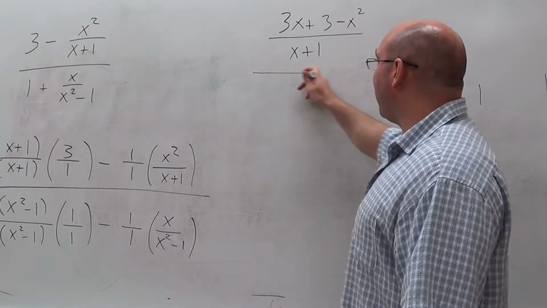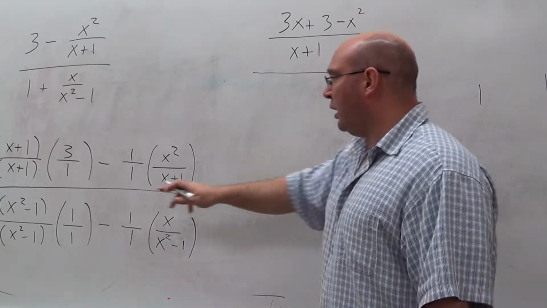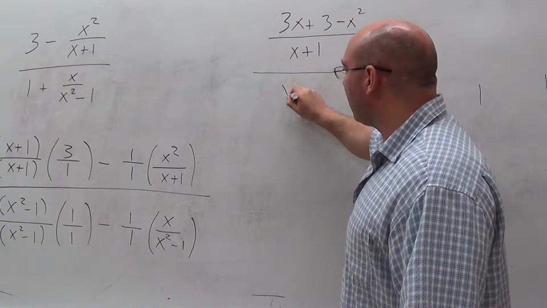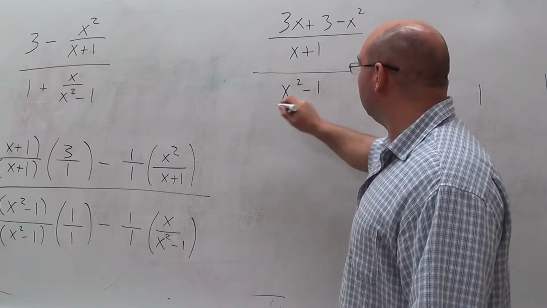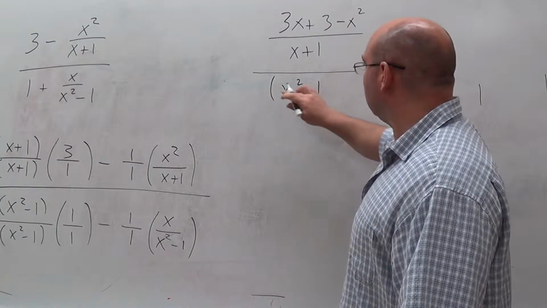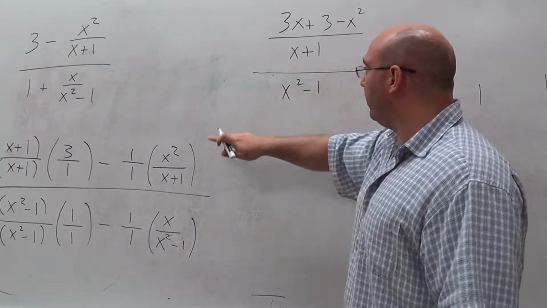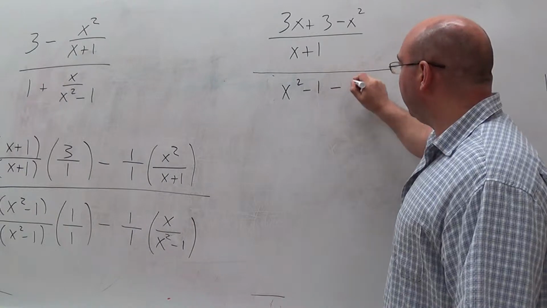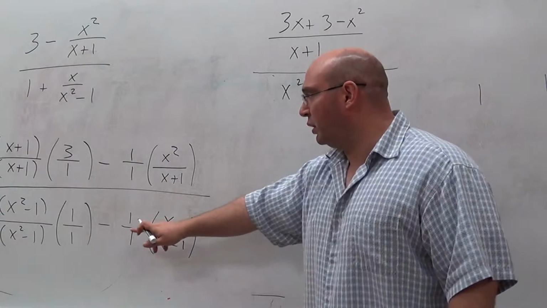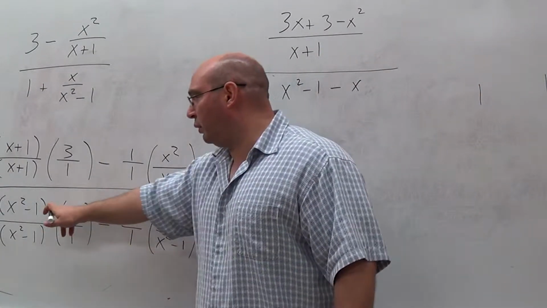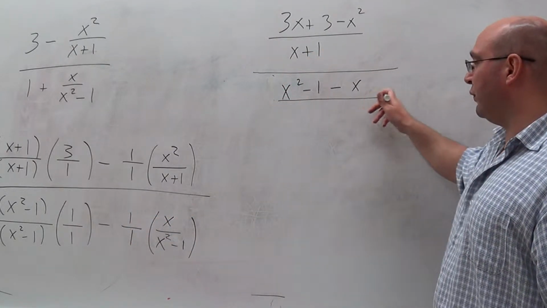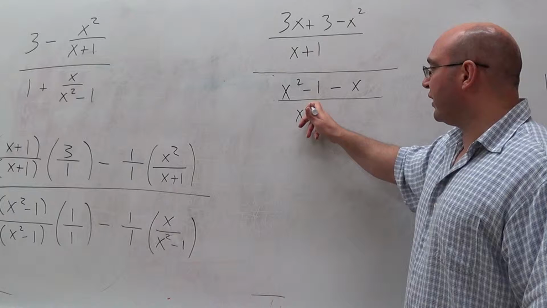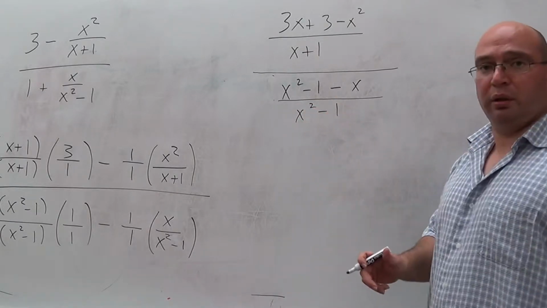Now that's going to be divided by our x squared minus 1 minus our x, so x squared minus 1 minus our x over x squared minus 1.